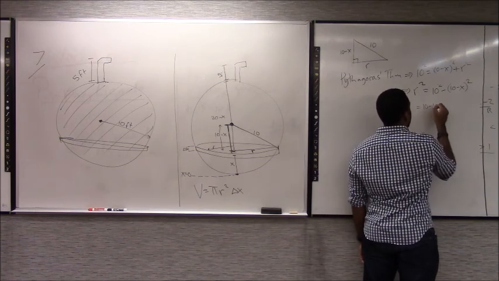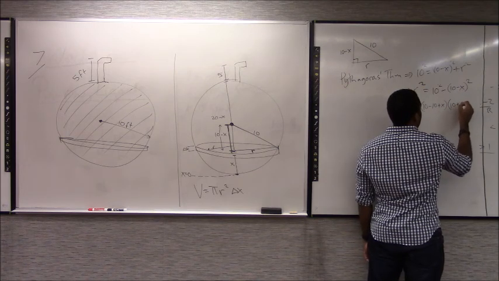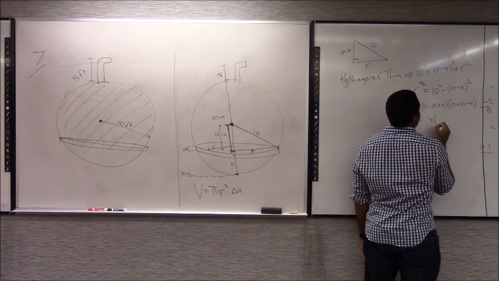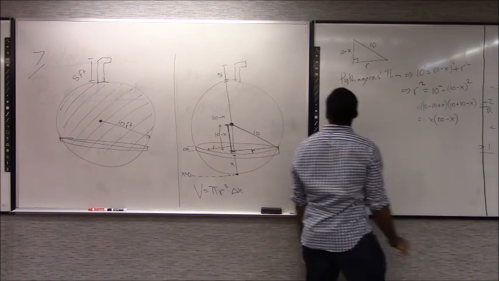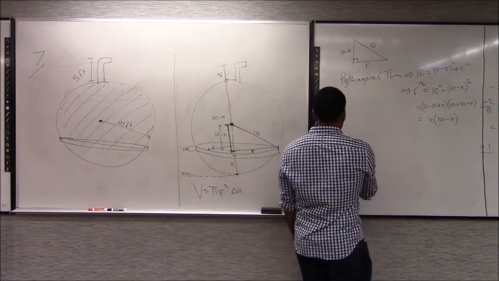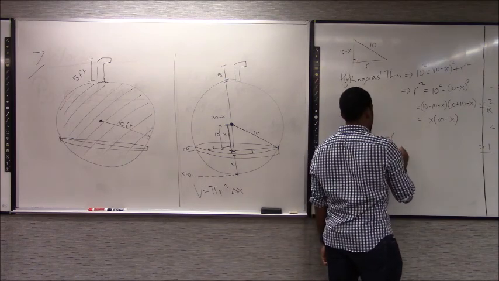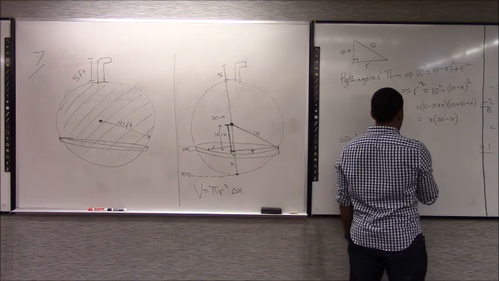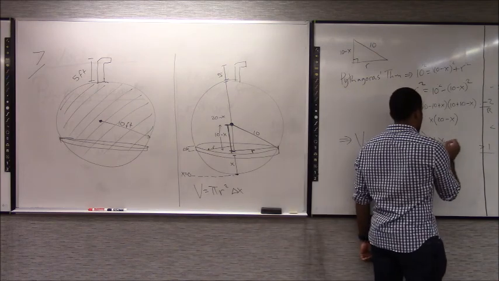That's (10 minus 10 plus x) times (10 plus 10 minus x). So that's just x times (20 minus x). That's my r squared. So this means my volume is going to be pi times r squared, but my r squared is this guy, times delta x.